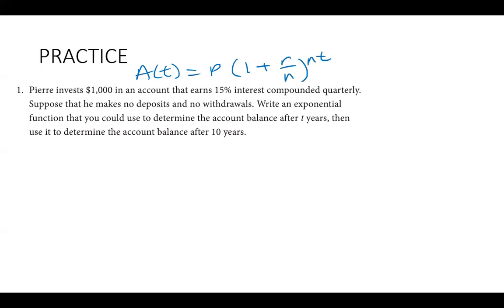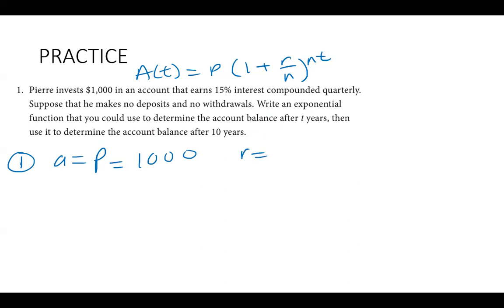All we have to do is identify each part. What's our A? What's our P? What's our n? Okay. So step 1 is to state your variables. What is our P, which equals what? 1,000. With me? Next is our r.